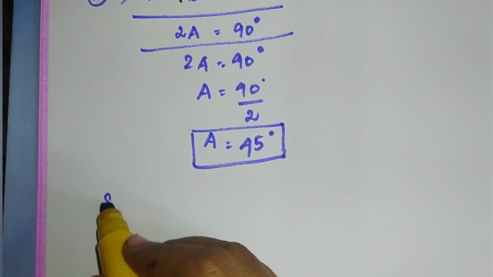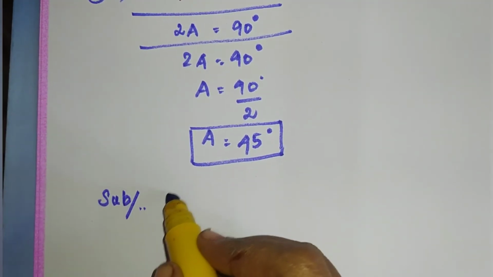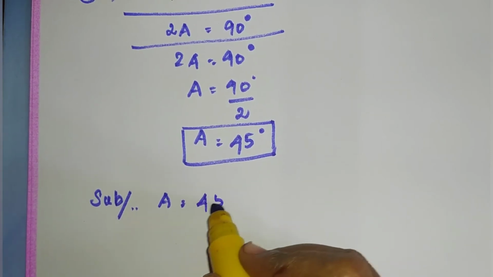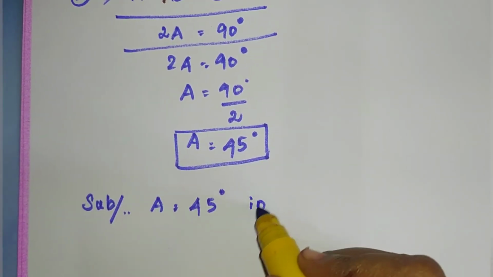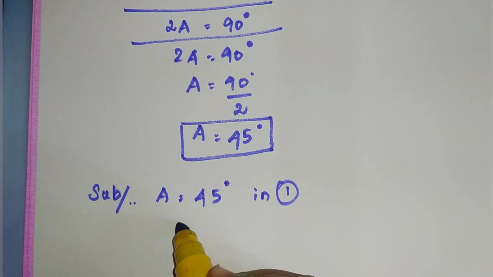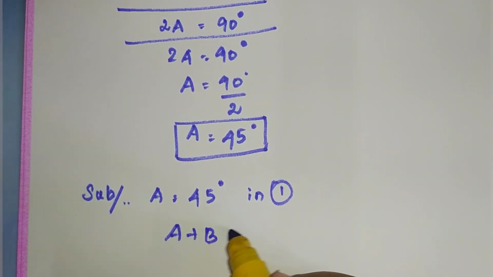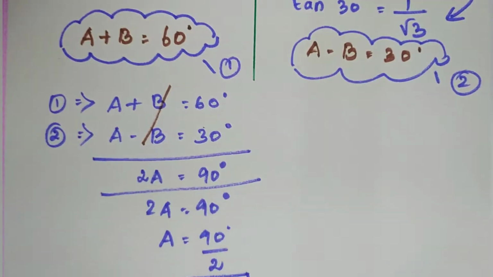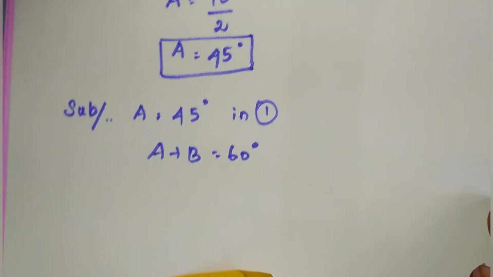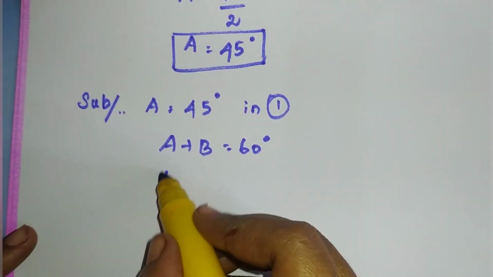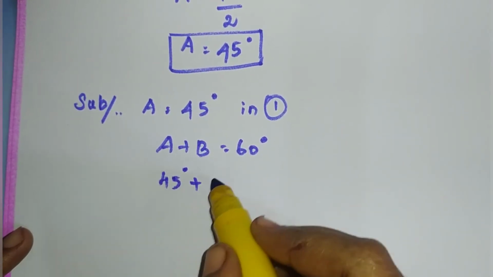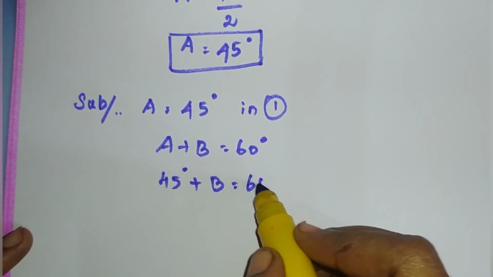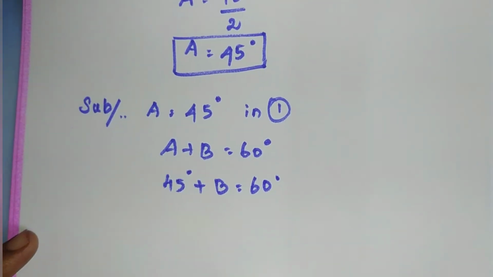And substitute a is equal to 45 degree in the first equation, a plus b is equal to 60 degree. What you will get is 45 degree plus b is equal to 60 degree.